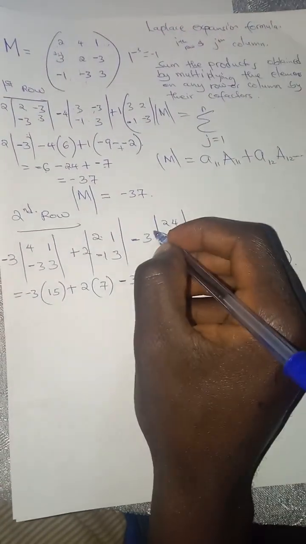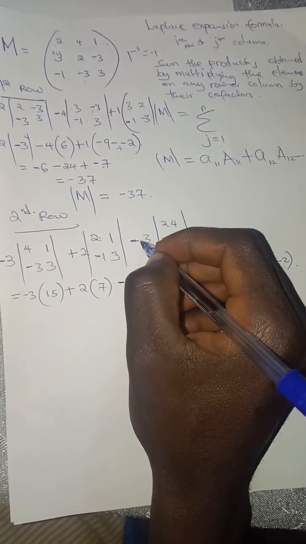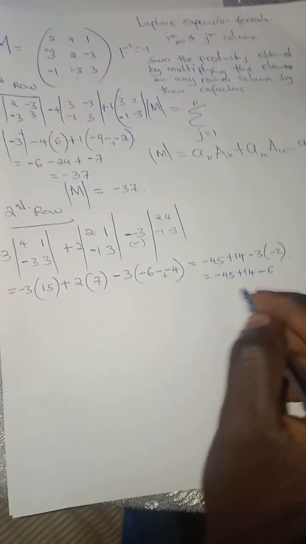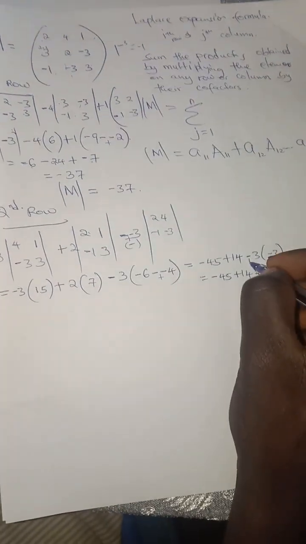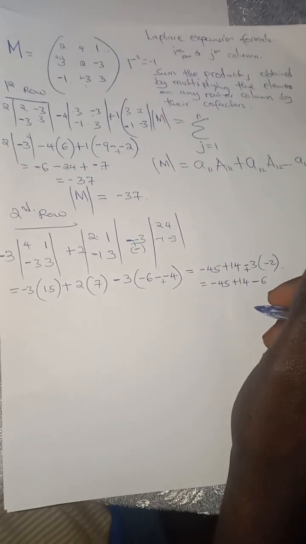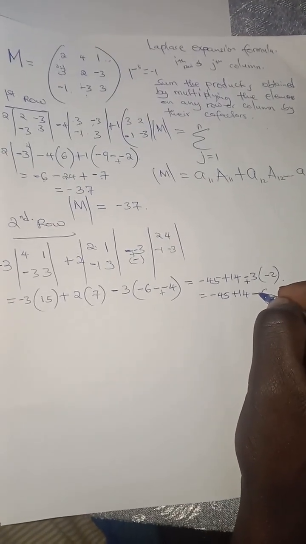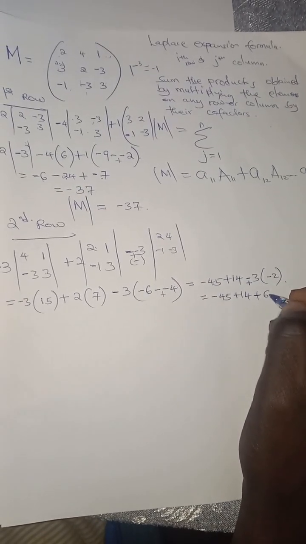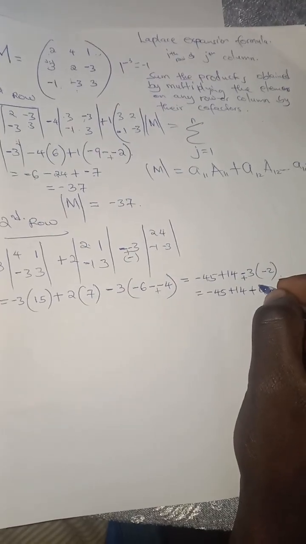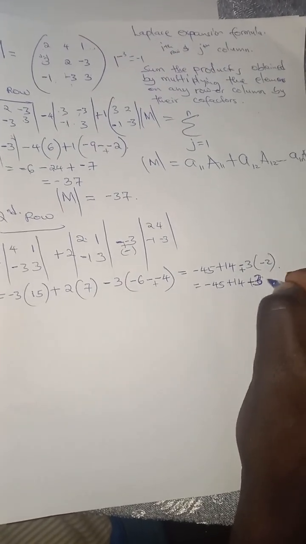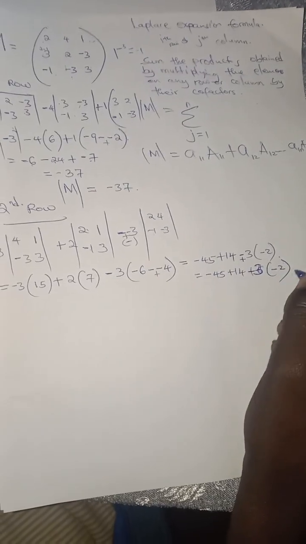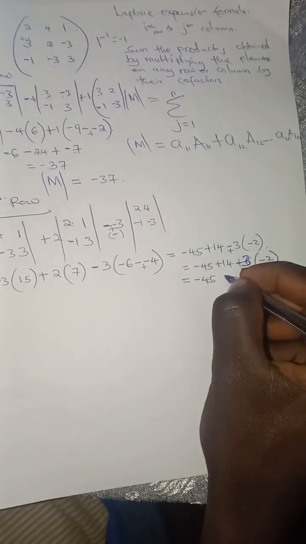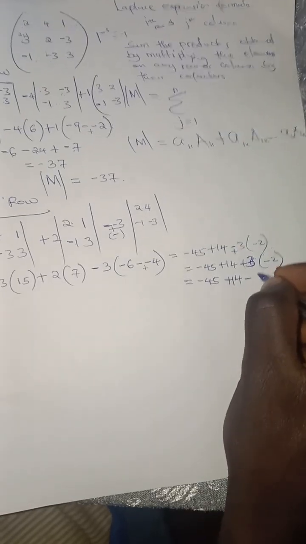Because remember, this cofactor ought to be a negative here, then it should be a minus, so a minus is a plus. This one will be a plus. Then we'll be having plus 6. So plus 3 into negative 2, which is negative 45 plus 14 minus 6.